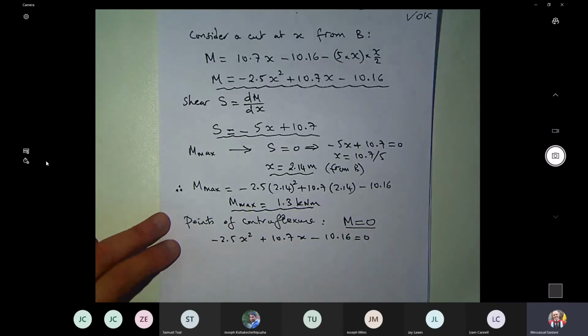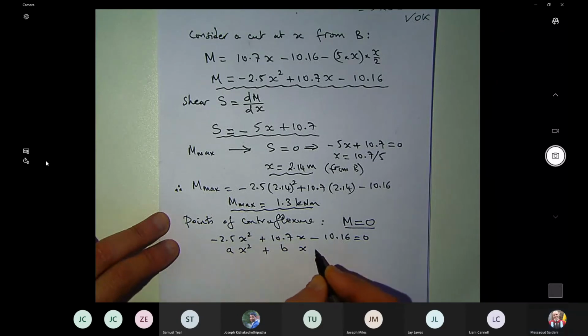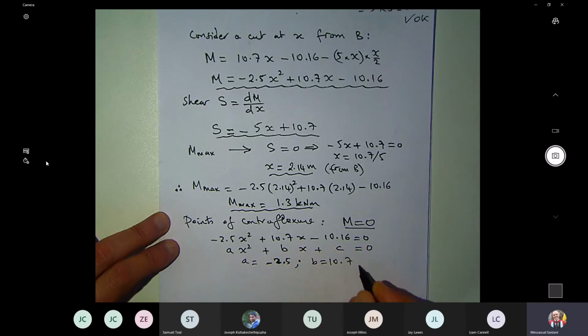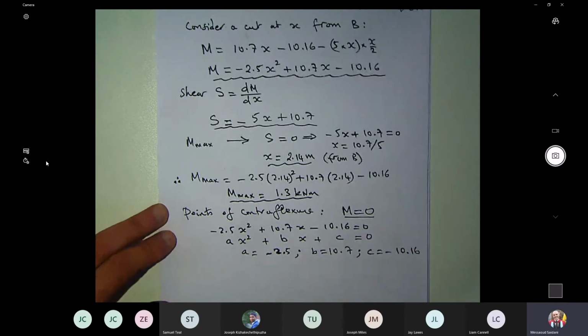And this is a quadratic equation, and the form is ax squared plus bx plus c equals 0, where a is minus 2.5, b is 10.7, and c is minus 10.16.